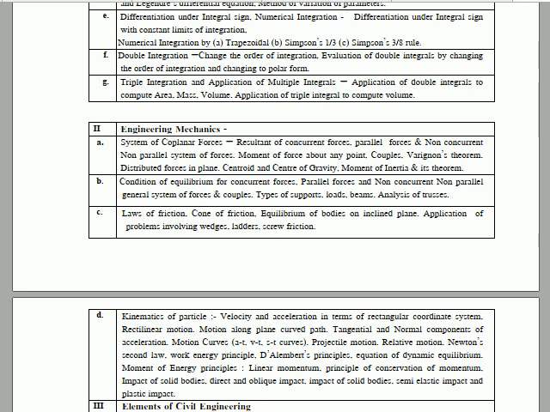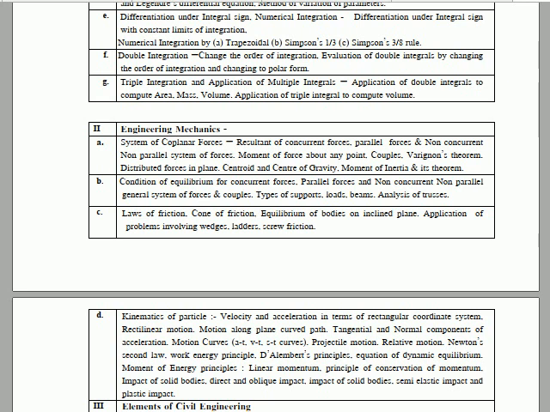The first chapter consists of resultant of concurrent forces, parallel forces, non-concurrent parallel force system, moment of force about any point, couple, Varignon's theorem, distributed force in a plane, centroid and center of gravity, moment of inertia and its theorems.